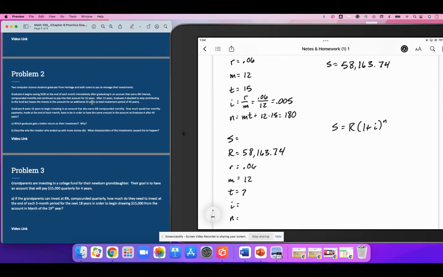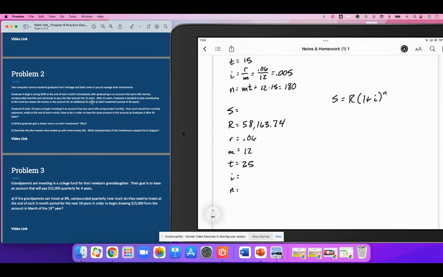It's left in there for 25 years. And so I is R over M, going to be 0.005. Okay. So N is MT, 12 times 25. We get 300.